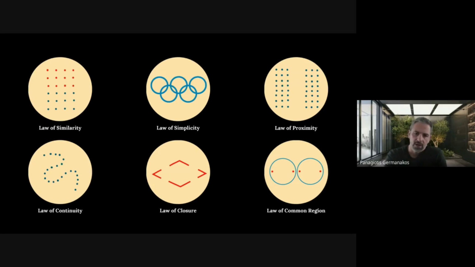And from then on, we have the law of proximity. So again, things that are close together seem to relate more in the minds of people. This is what you should always have in mind. Or items that follow a specific pattern, a line pattern, again seem somehow connected to each other.